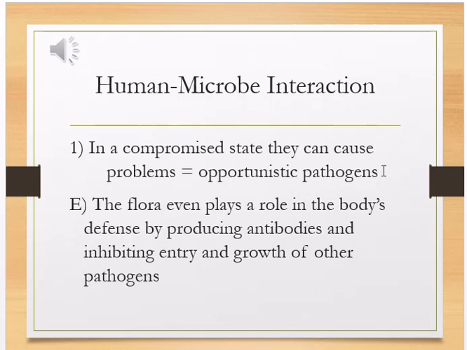Opportunistic meaning they take an opportunity to become pathogens at times. So this is very important. Sometimes our body's immune system fails to react to this pathogen, and then they become pathogens at times.